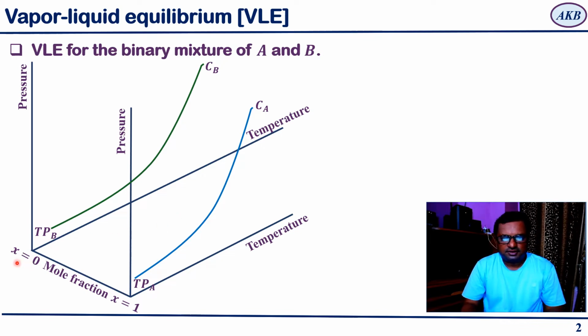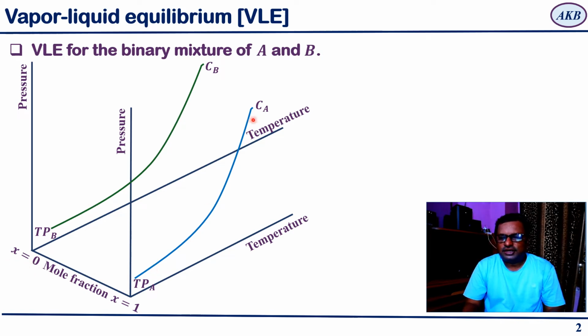Shortly, we have the vapor pressure curve for pure B, which starts from CB, the critical point of B, and extends to TPB, the triple point of B. This vapor pressure curve for pure B lies in the x equal to 0 plane.